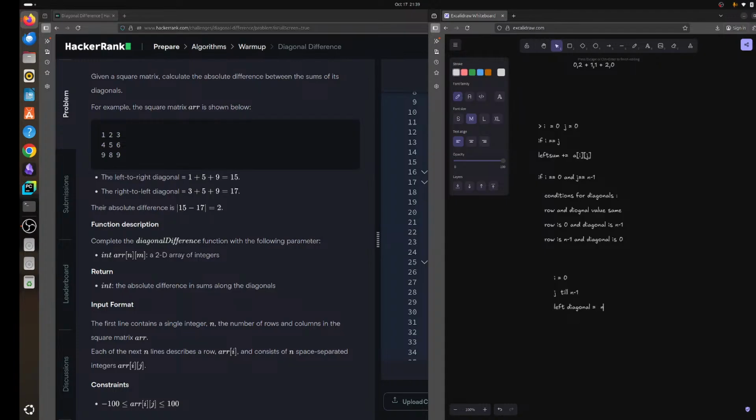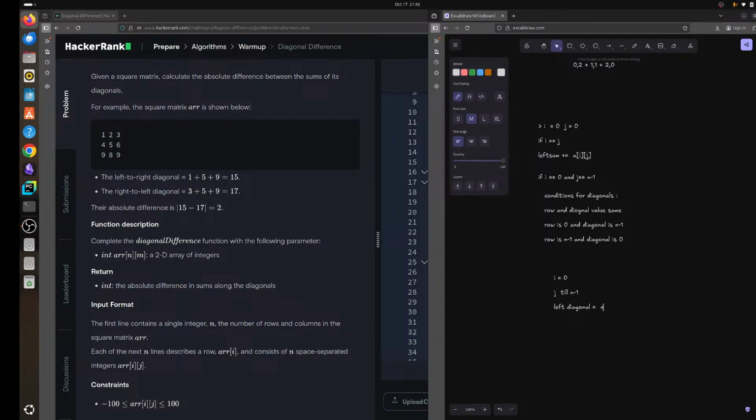Row same and column same. Whenever the row and column value are the same, only then will it be the left diagonal, right? Whenever i equals j, it starts at 0, 0, then comes 1, 1 and 2, 2, and this goes on as we increment i.